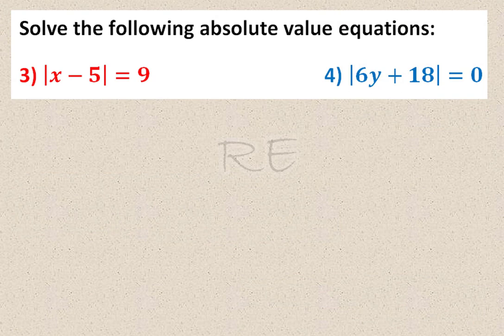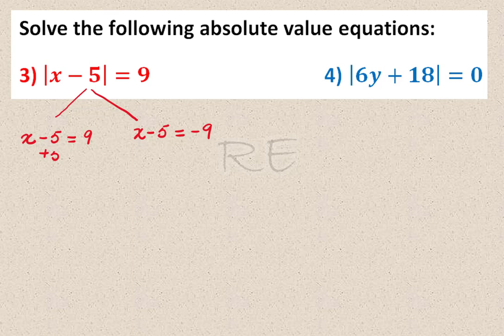Solve the following absolute value equations. The absolute value of x minus 5 is equal to 9. We have two cases. It's either x minus 5 is equal to 9 or x minus 5 is equal to negative 9.